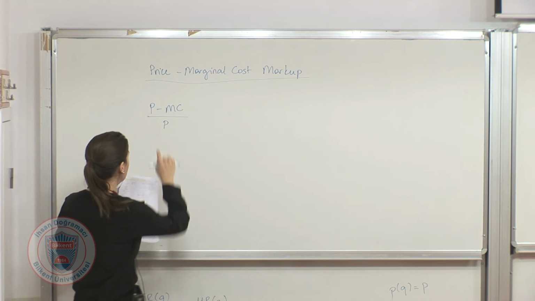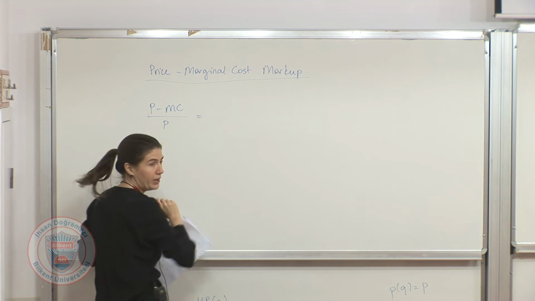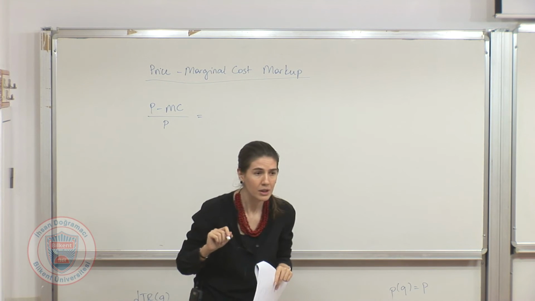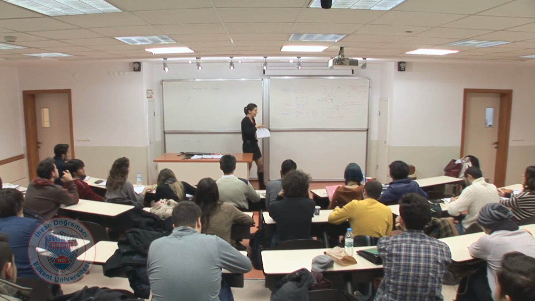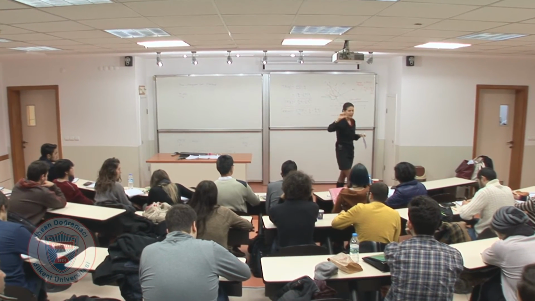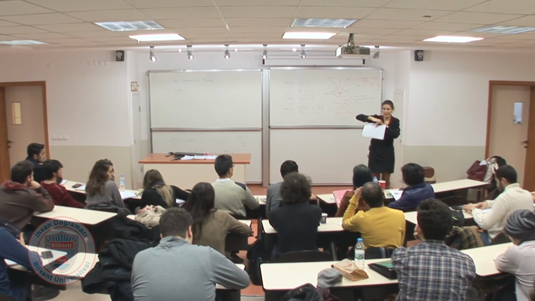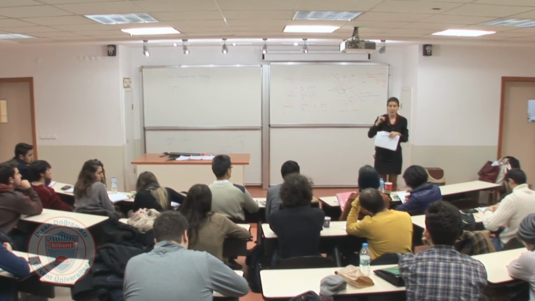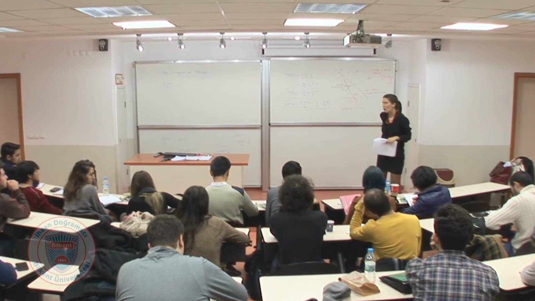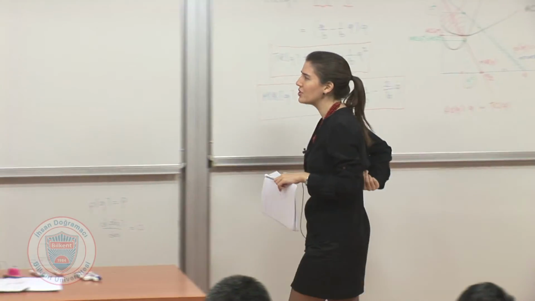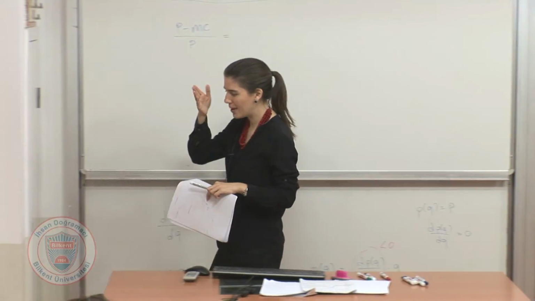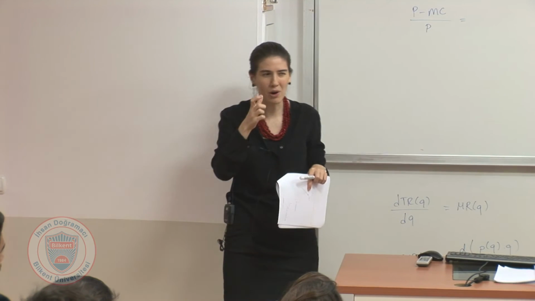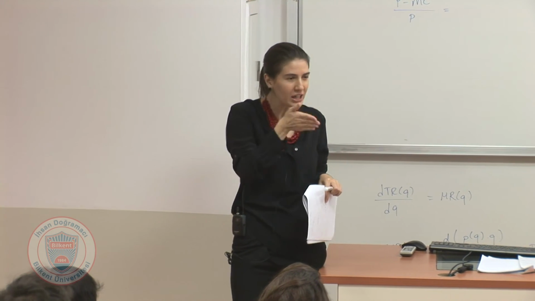So what's the markup? Markup is basically the portion that the firm adds on top of its marginal cost. You can think of it as a per-unit sort of profit, not exactly, but for each unit, right?